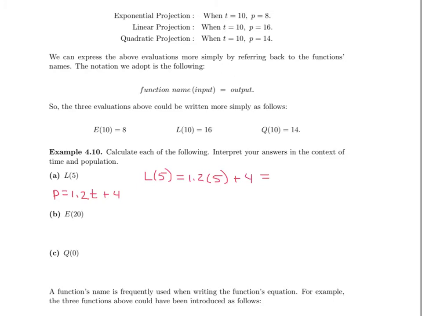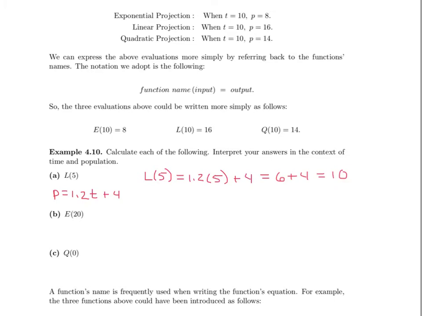If we multiply 1.2 by 5, we arrive at 6. And so we have 6 plus 4. And now we perform the remaining addition, and we arrive at 10. So when we insert the number 5 into this function, we arrive at an output of 10.